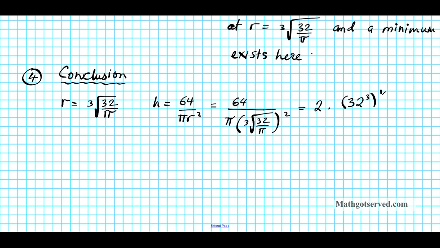That's just 32, same thing. And pi can also be written as pi to the third raised to the 1/3, because they just cancel out. And this part I can write as 32 over pi raised to the 2/3.